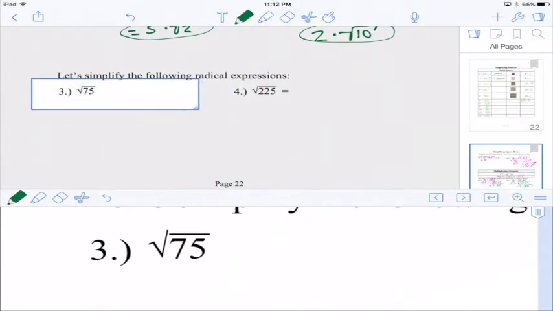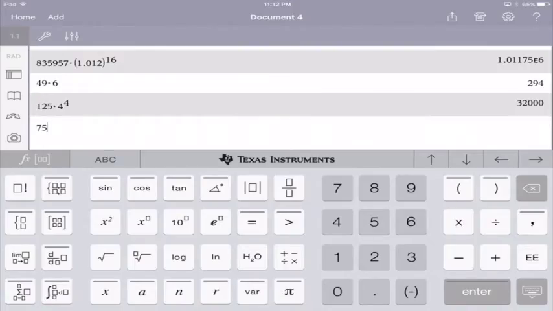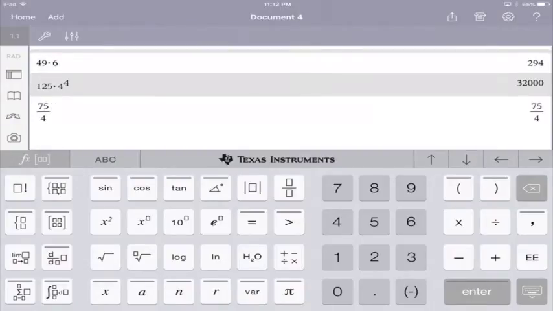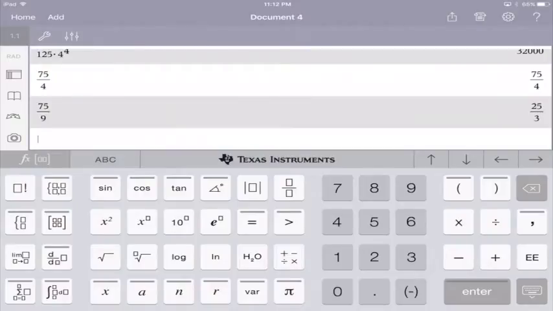Well, if I look at 75, maybe I don't see that 25 can be divided out of that. So let's go to our calculator. I have 75. I can start dividing by my perfect squares until I get one that works. So let's try our easiest one, 75 divided by 4. That doesn't work. 75 divided by 9. That was our second perfect square. That didn't work. 75 divided by 16, right?